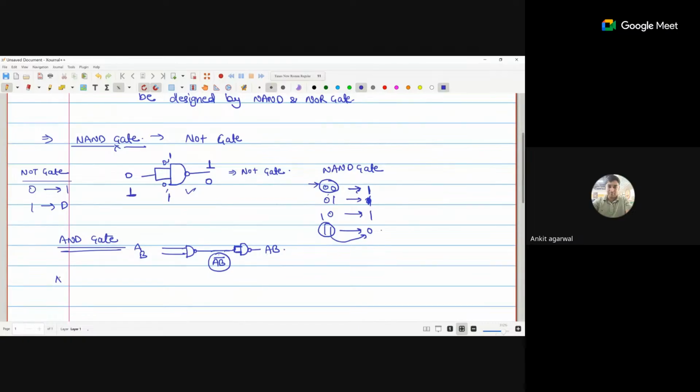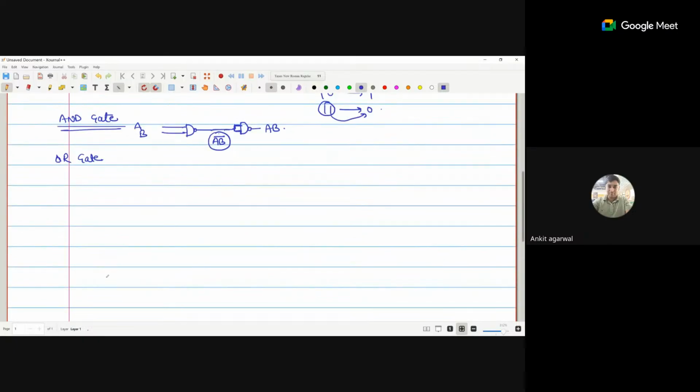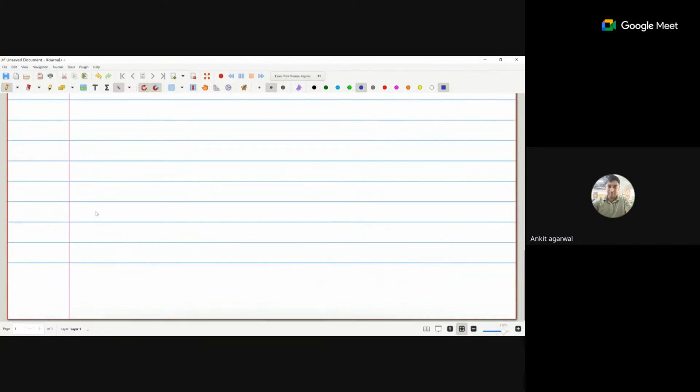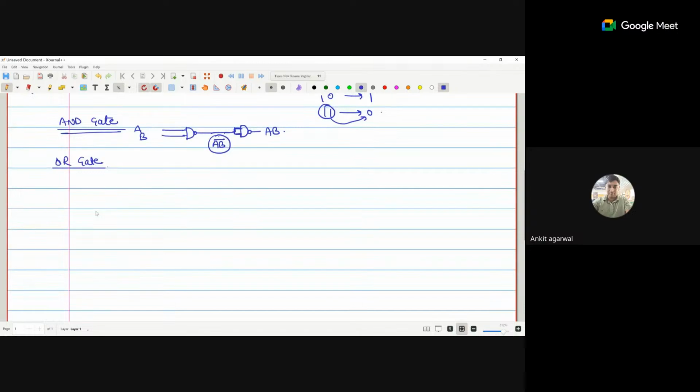For the OR gate, before this implementation, let me tell you about the inverted input gate.